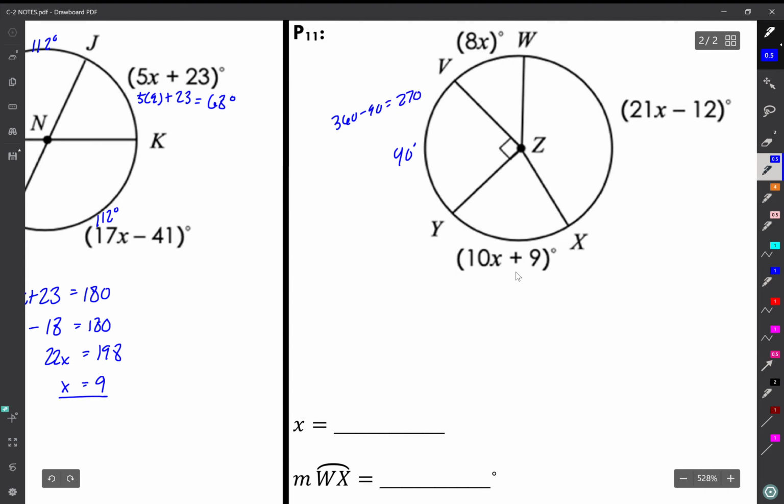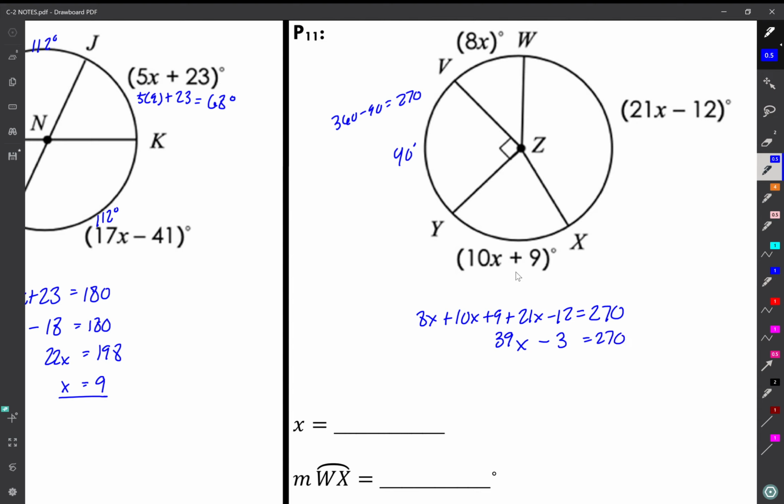So these three expressions, add them up. 8x plus 10x plus 9 plus 21x minus 12 equals 270. So let's combine what we know. 10 and 21 is 31. Plus 8 would be 39. Then 9 minus 12 will give me negative 3. That equals 270.